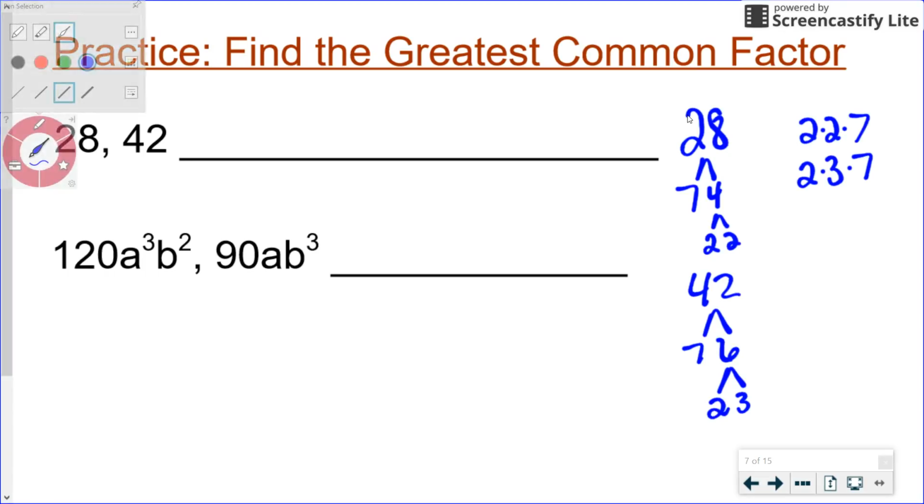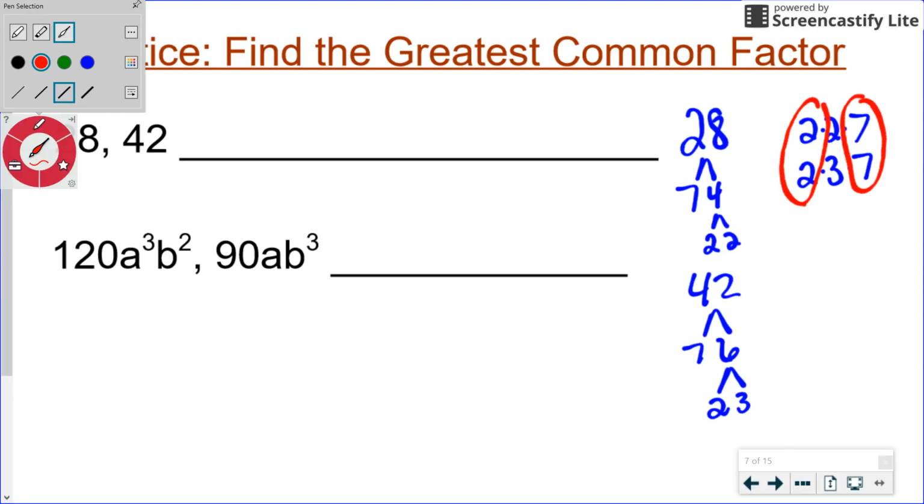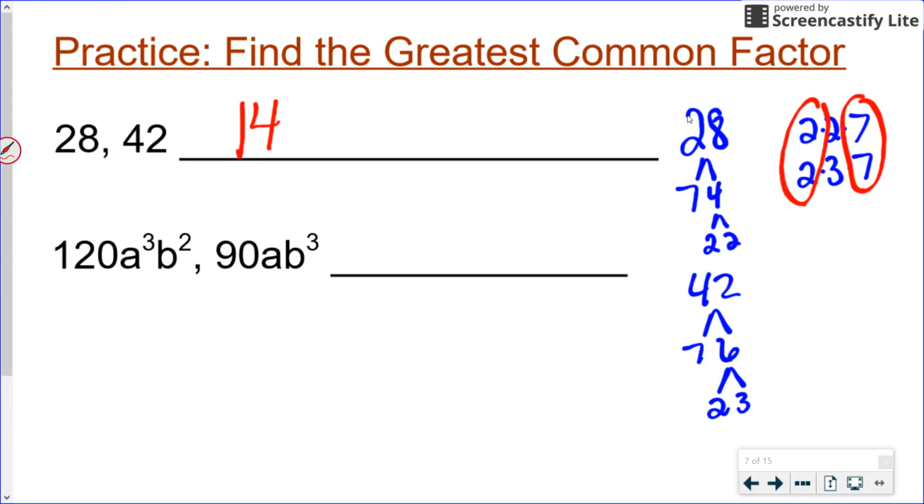Looking at what's in common for these two, I've got a 2 in common and a 7 in common. Multiplying those together, 2 times 7, my GCF is 14. What that means is 14 is the biggest number that both 28 and 42 can be divided by. So 28 divided by 14 is 2. 42 divided by 14 is 3.